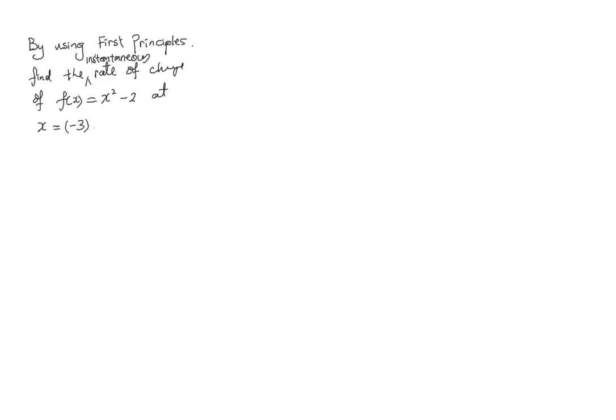What you need to do is have 2 points that lie on the curve. One of the points has to be x equals -3, so you find the corresponding value of f(-3). For the other point, x will be -3 plus a small number h.